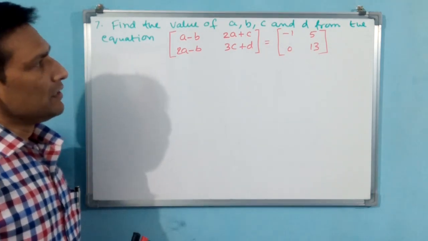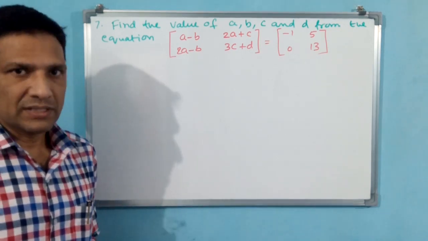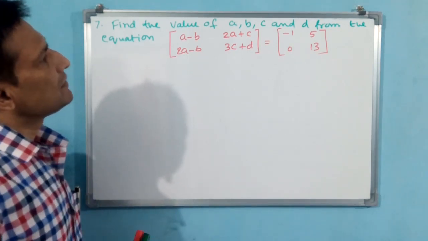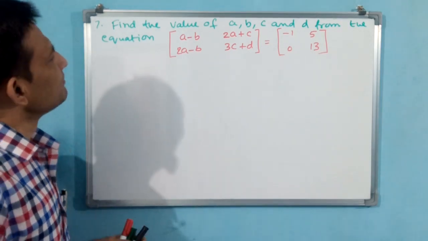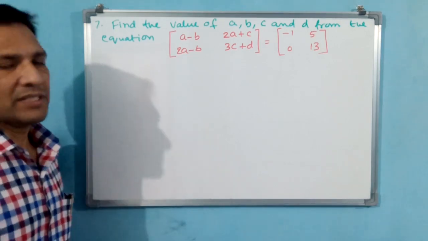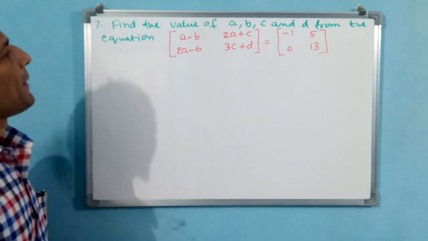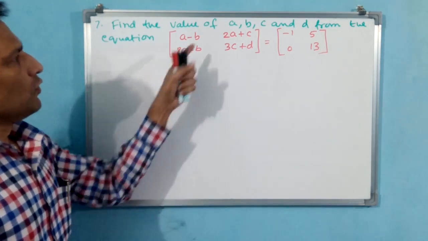Okay. See, normally A, B, C, D we use for coefficients. But here we can say these are not coefficients, variables like. Okay. Normally X, Y, Z we use for variables. But here A, B, C, D we have used for variables. Okay. Let us see.